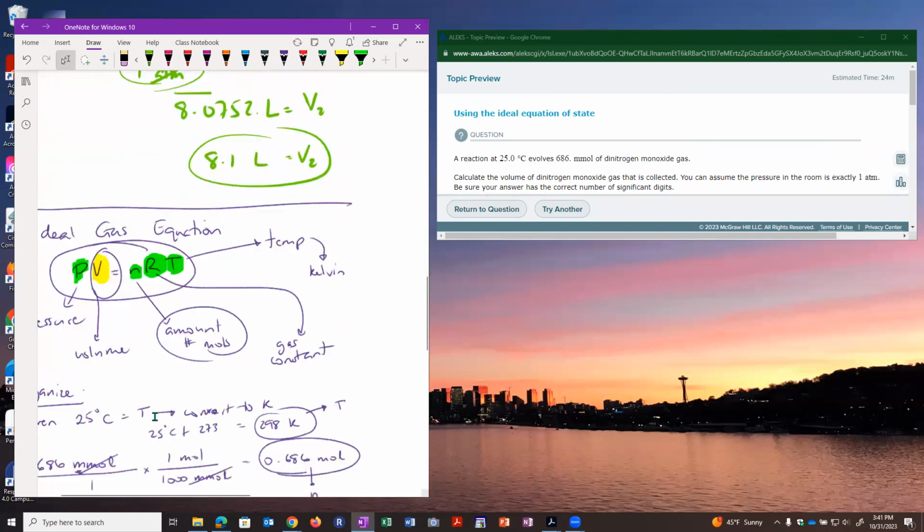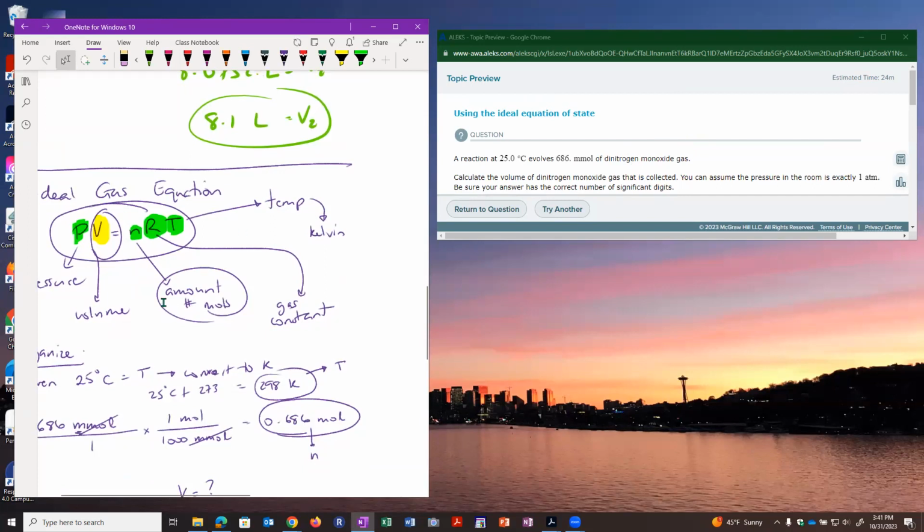So with the ideal gas equation, PV equals nRT, we can look at the information that's given in the question, and from that we can identify what the one unknown is, because there's only going to be one unknown in this equation that we need to rearrange and solve for. When we convert and use those values in here, we want to make sure that they have the correct units that correspond to the units for R, for example.